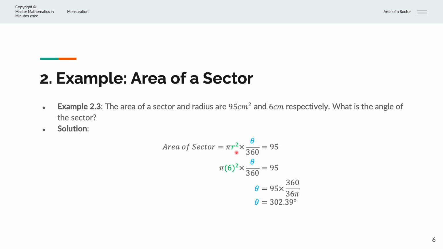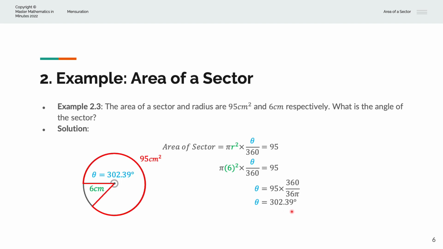We'll copy pi down, we will replace r with 6 from the question above. We'll square that, multiply by theta over 360, and we'll copy 95 down. So, theta is equal to 95 multiplied by 360 over 36 pi, and theta is 302.39 degrees.